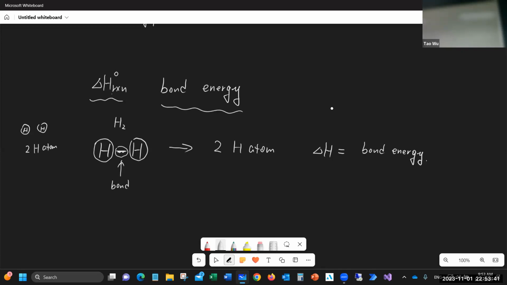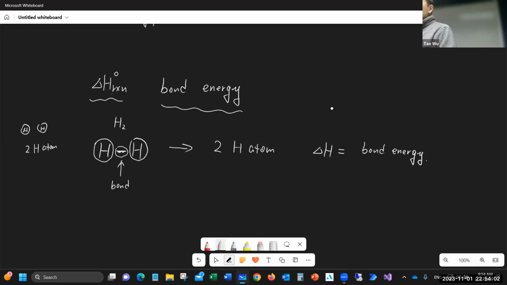That makes sense, right? Chemical bonds are the same thing. If you want to break chemical bonds, you have to apply energy. In other words, this is an endothermic process. So you need to apply energy to break the bond.